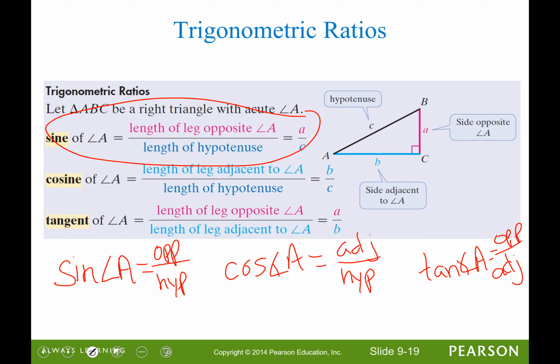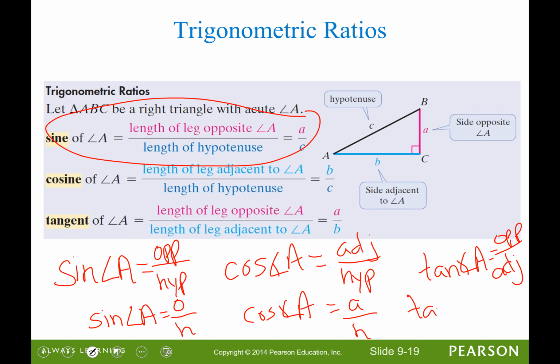Okay. I'm going to abbreviate these now even a little further. Sometimes you'll see sine of angle A is equal to O over H, opposite over hypotenuse. Cosine of angle A is equivalent to A over H, adjacent over hypotenuse.